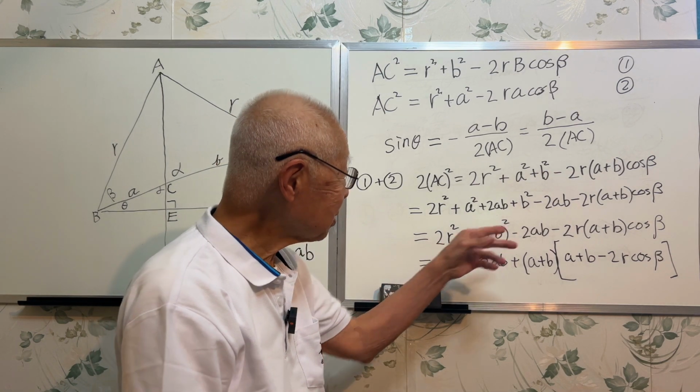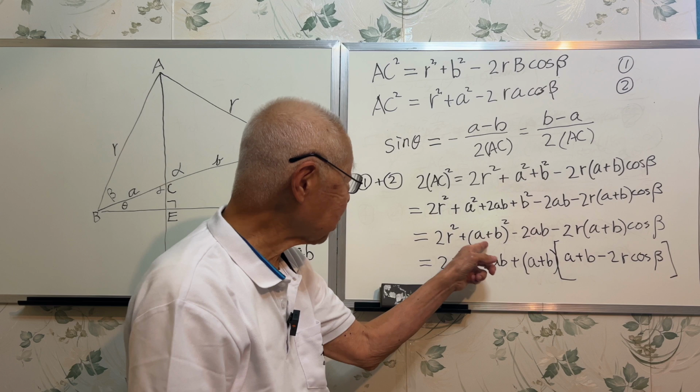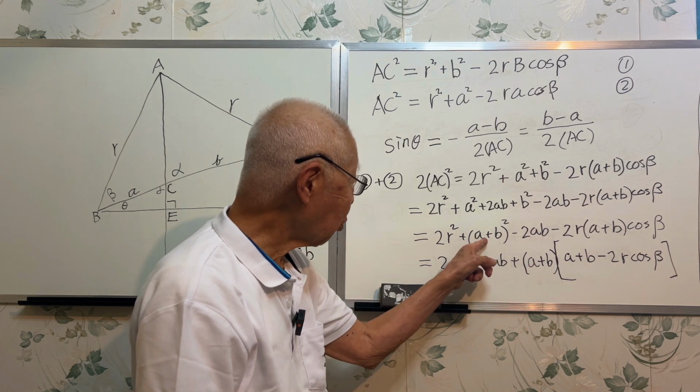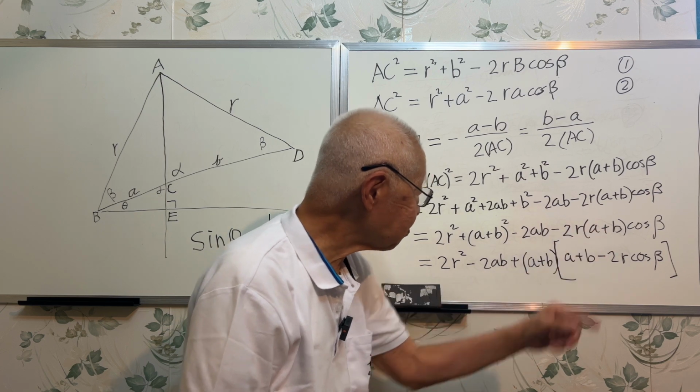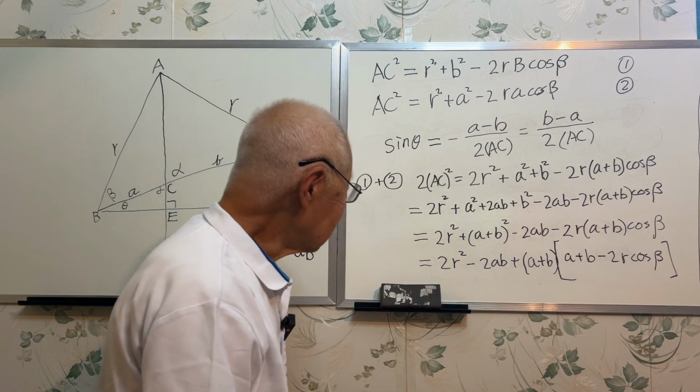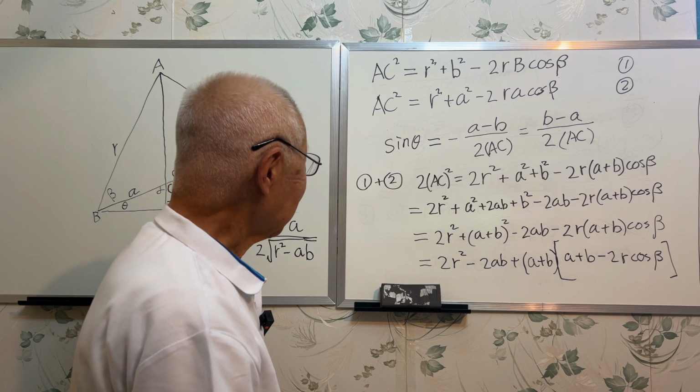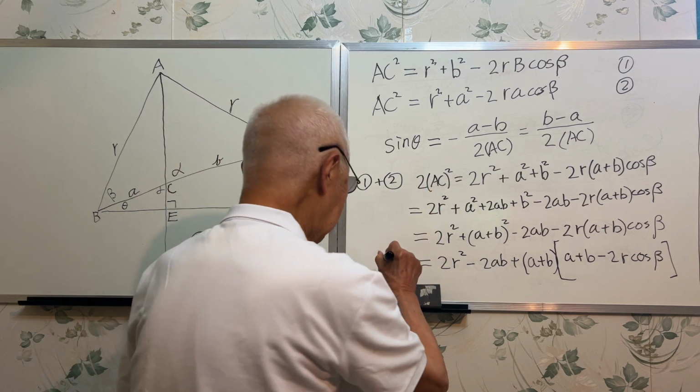Am I too fast? Yeah, look, a plus b, I factor out. I have another a plus b left, and this part. So the left-hand side is 2AC squared.